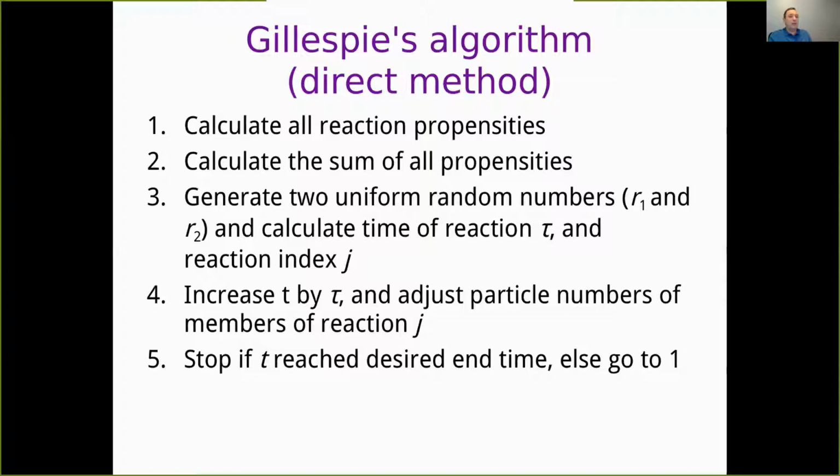It has to calculate the sum of their propensities as well. And then it generates 2 random numbers to calculate what is the time for the next reaction and what reaction index is the reaction that happens. And then it just increases the time by that value tau, and it makes the reaction happen. That is, if it was A transformed into B, it removes one number from A and it increases the number by 1 for B. And then it continues going on like this.